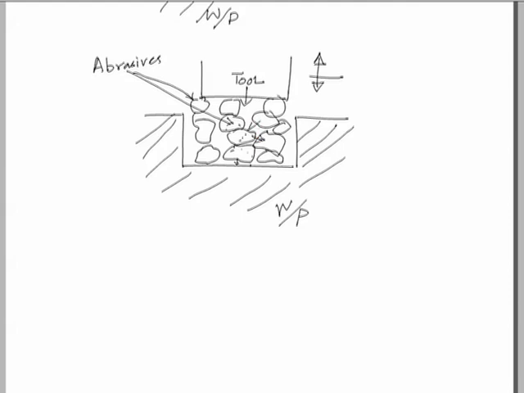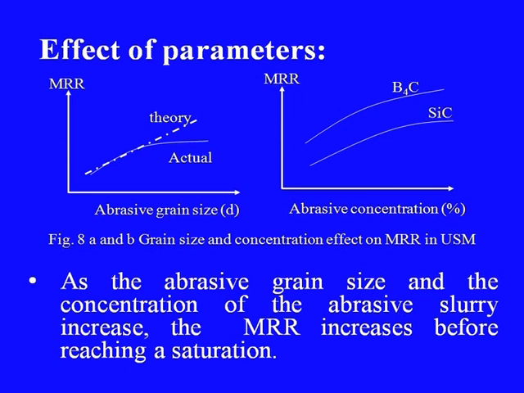So, this will hit this, then this will hit this probably, and these abrasive materials will get fractured into smaller parts. Rather than doing work on the work material, they get engaged in hitting each other, and therefore the material removal efficiency will come down appreciably, or at least it does not show any increasing tendency any further. This is what is explained by the saturating tendency of these curves.